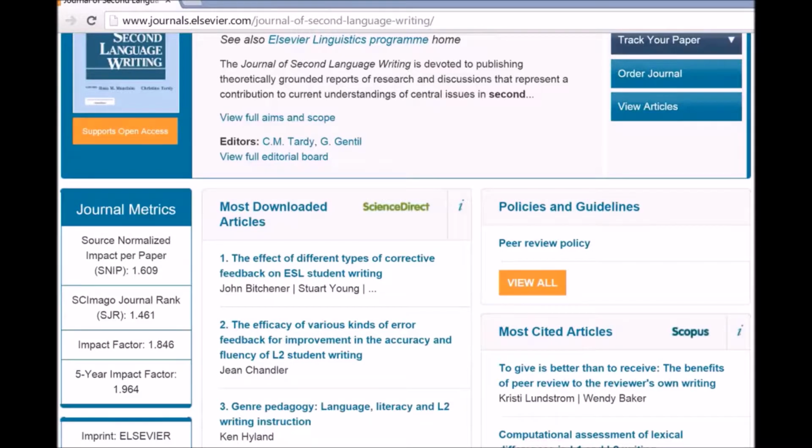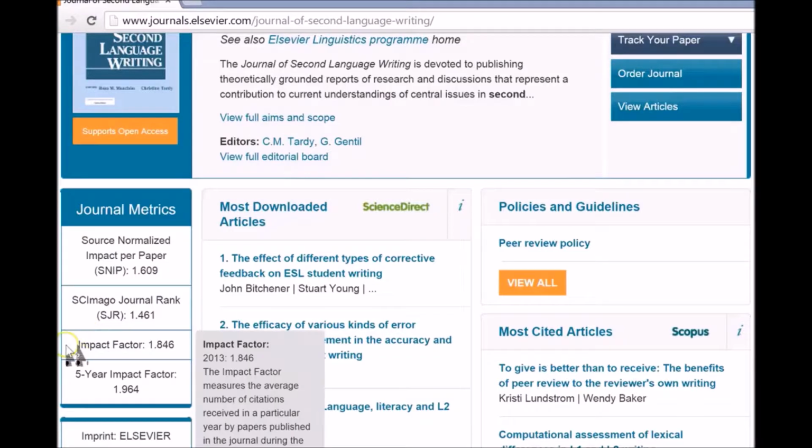Now, if we look down a little more, over here on the left, you see the journal metrics. And the metrics are a number of calculated numbers that traditionally were used in libraries, but now they're used in a number of areas to judge the importance of the journal.